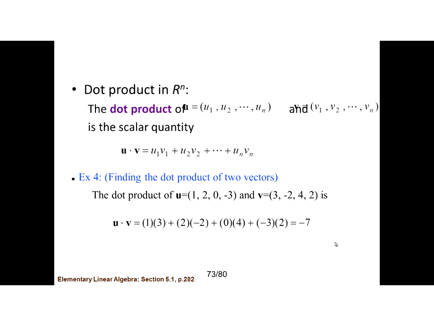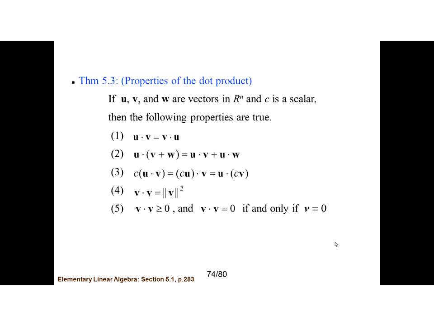The second time I take the jth element of u and multiply by the jth element of v, that is 2 multiplied by minus 2. Third time I take the kth element of u and the kth element of v, that is minus 3 multiplied by 2. In this manner we multiply, and we get minus 7.